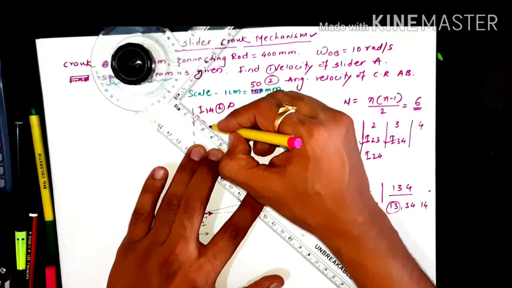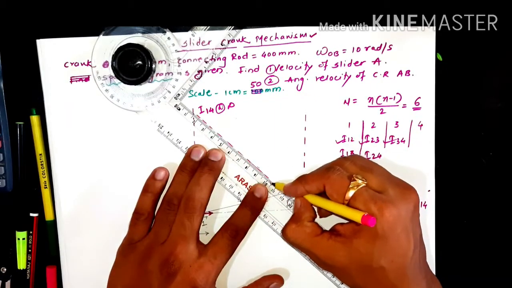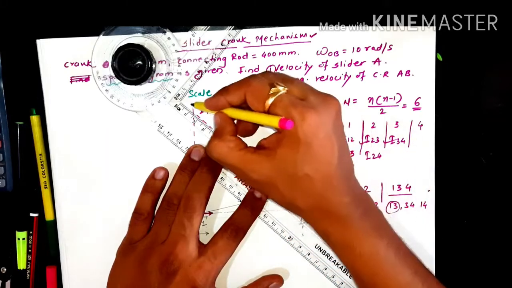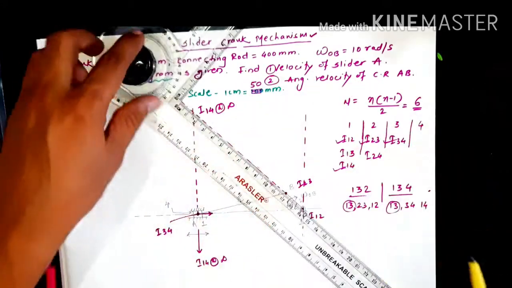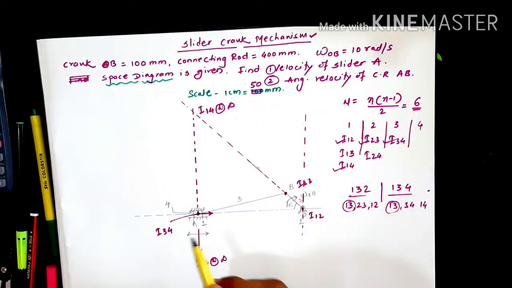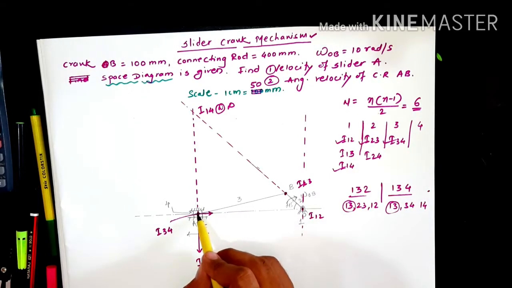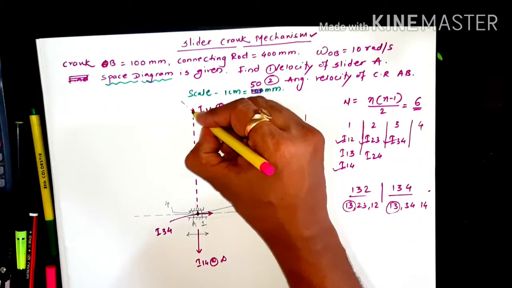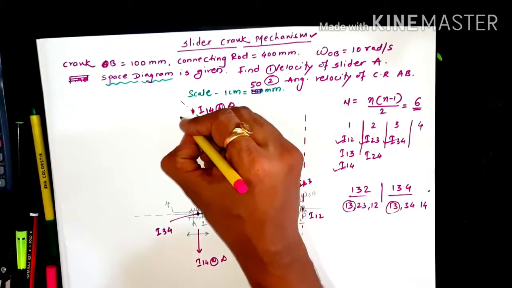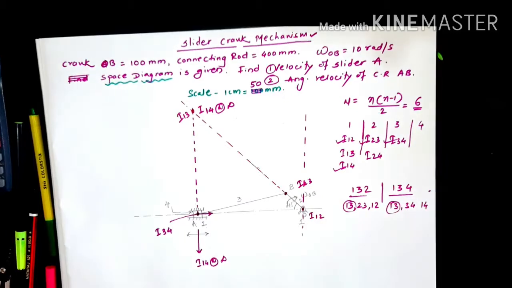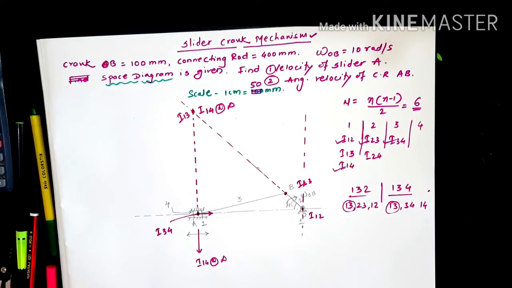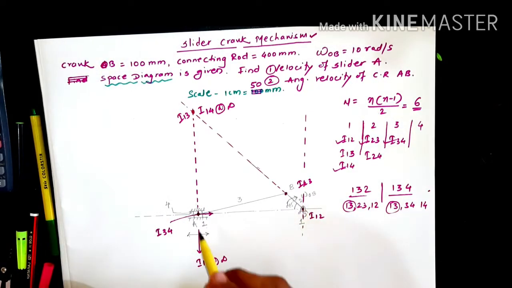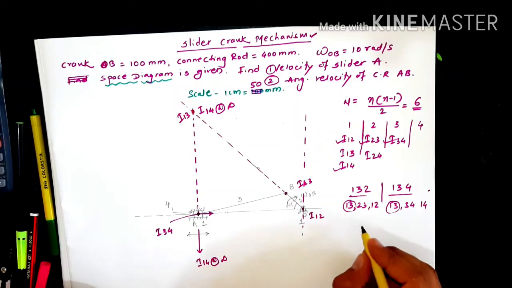The second one is 3 4 and 1 4. Wherever these two lines merge, that will be my point I13.